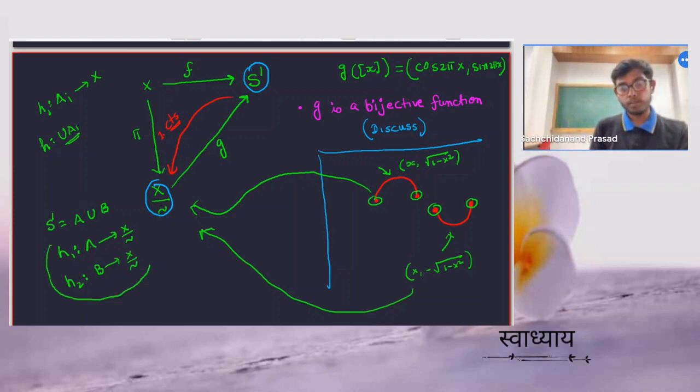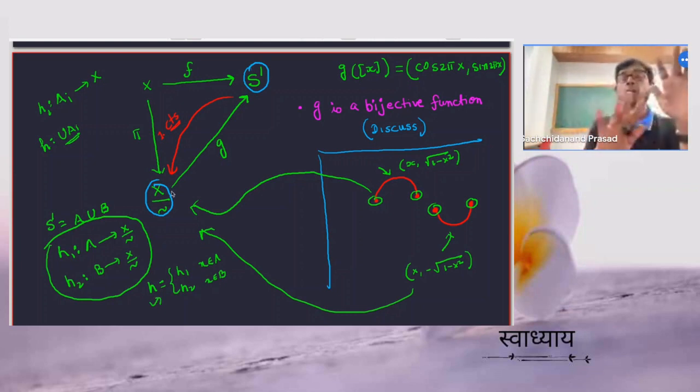So I define my H, which equals H1 and H2 depending on A and B. Since H1 and H2 match on the intersection, this function is continuous. This gives one way to find the inverse, and one can show that this is indeed an inverse and it is continuous, and hence this is a homeomorphism. So this is one way to show that.